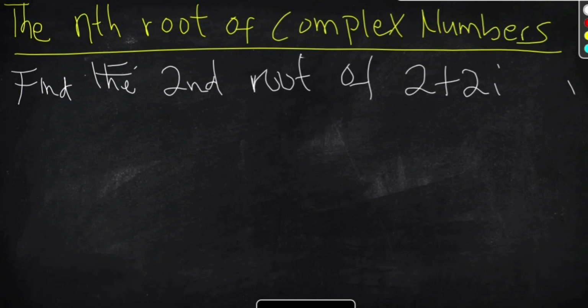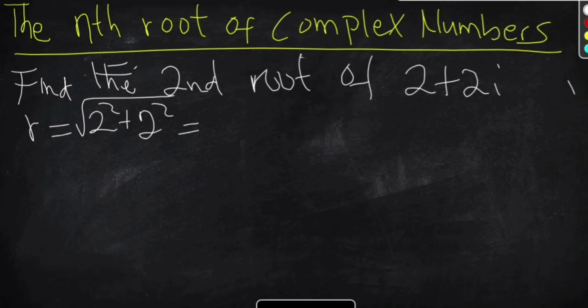To find the second root of any given complex number, we first have to find the magnitude and the argument. Finding the magnitude, r equals the square root of 2 squared plus 2 squared. That gives root 8, which is 2 root 2.